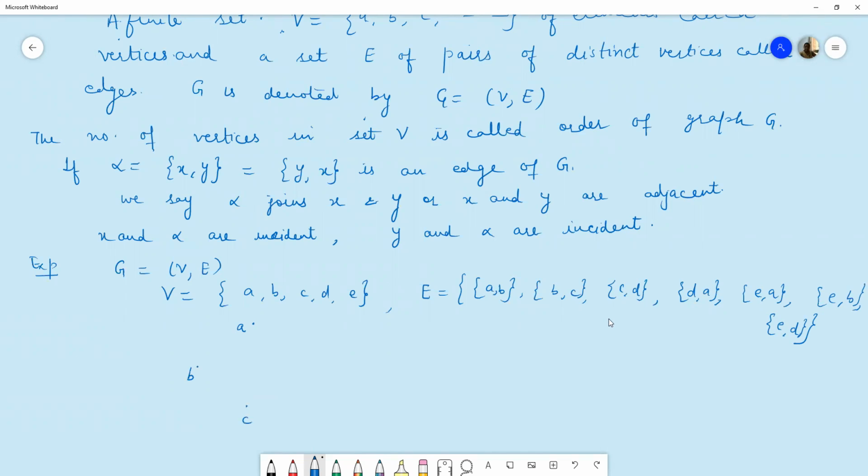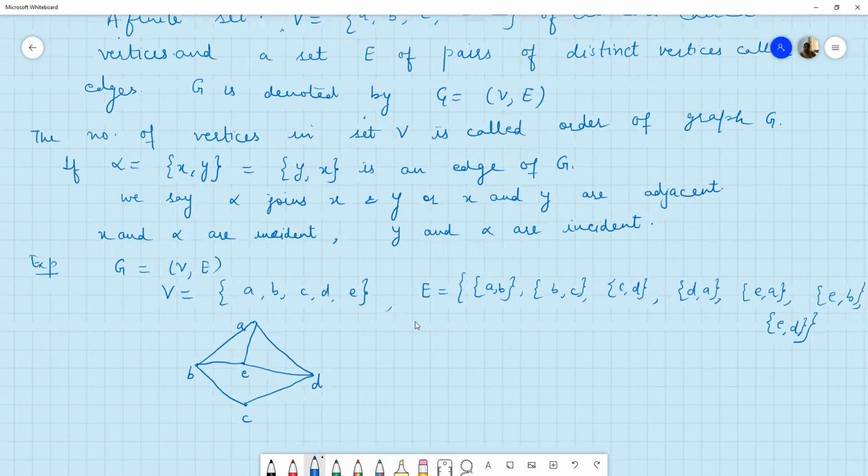Let these be points A, B, C, D, and say this is E. Then we draw a curve for the edge from A to B. Now this is edge A to B. So for that we draw a curve like this, then B to C, then C to D, then for the edge D to A, we have this edge, then E to A, then E to B, then E to D. So this is the geometrical representation of this graph.